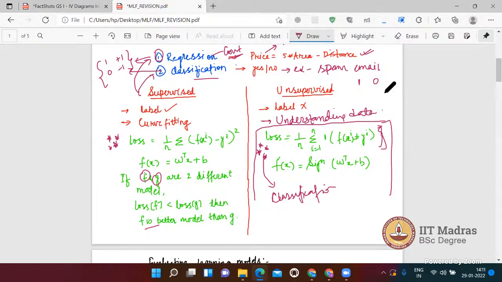Without the labels, only with the help of the features you have, for example thousands of observations with only 3 features, you develop an algorithm that will categorize the data. In unsupervised learning, you have 2 or 3 types of tasks: you can do dimensionality reduction, density estimation, or you can cluster the data set. So these things come under unsupervised learning.